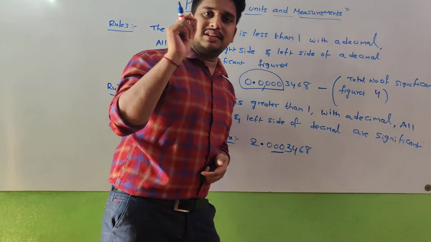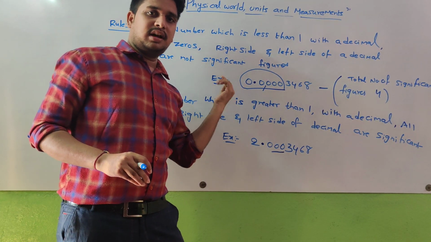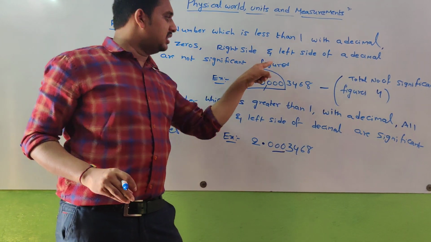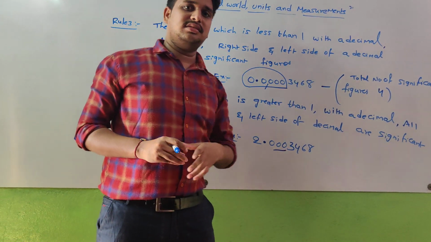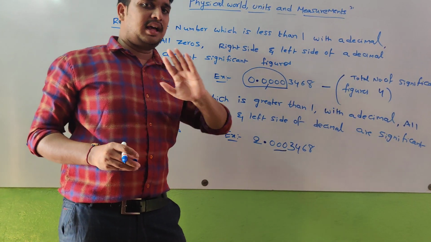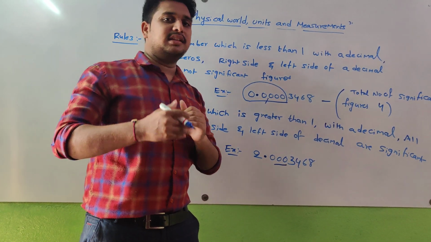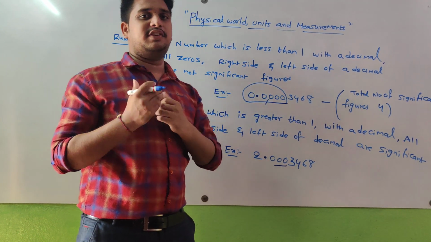So have you observed one thing here? Number is less than 1, right side of a decimal, left side of a decimal, they are not significant figures. Number is greater than 1, right side of a decimal, left side of a decimal are significant figures. That means greater than 1 means we are considering the zeros as significant figures.